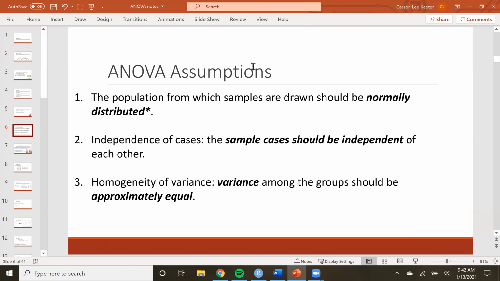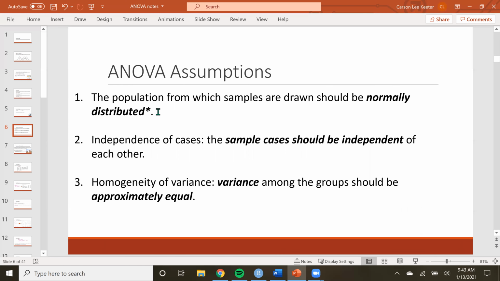Now, just like t-tests, we have some rules that we have to follow, or some things that we have to assume and check before we can do an ANOVA. The first 2 are what we saw in t-tests. The first thing is that the population from which the samples are drawn should be normally distributed. Oftentimes, we don't know what the population looks like. So going back to the central limit theorem, the means that we're sampling also come from a normal distribution of means.